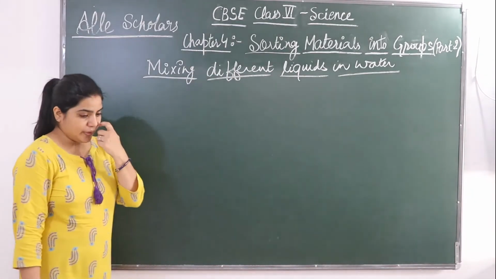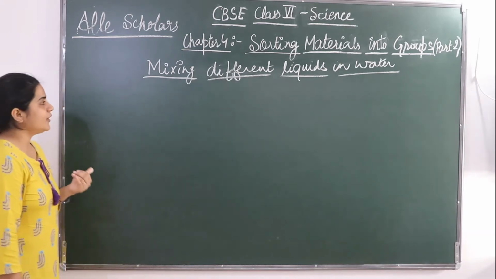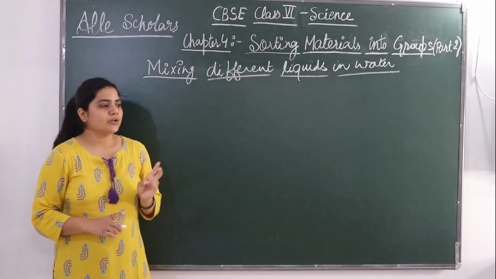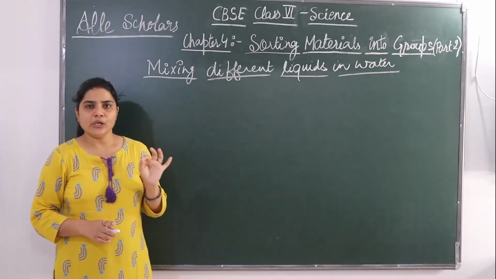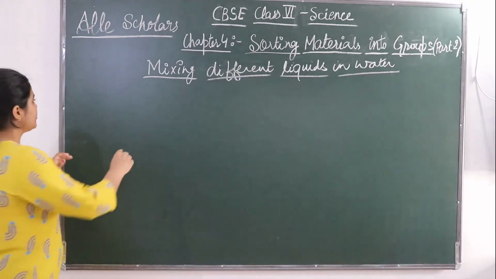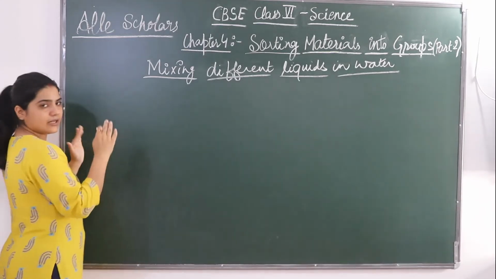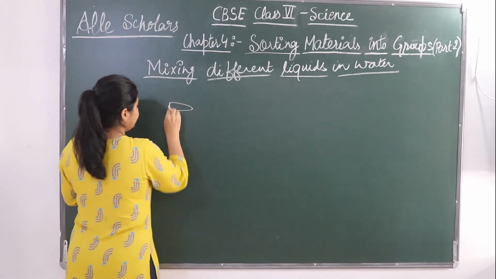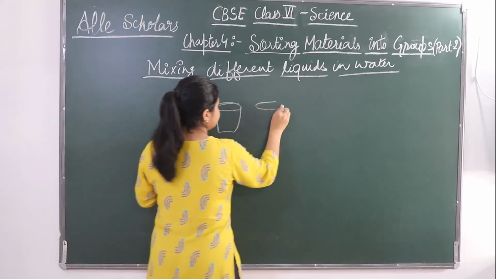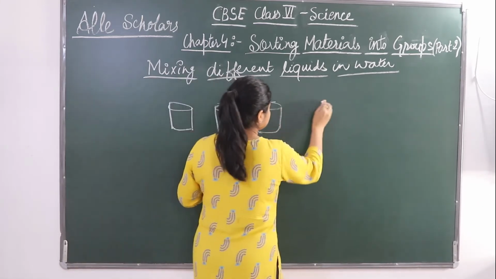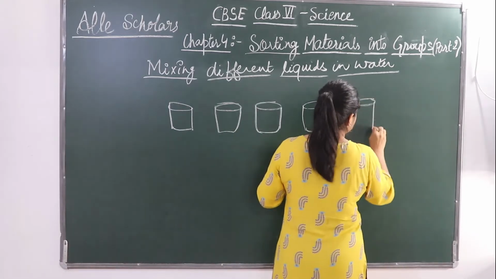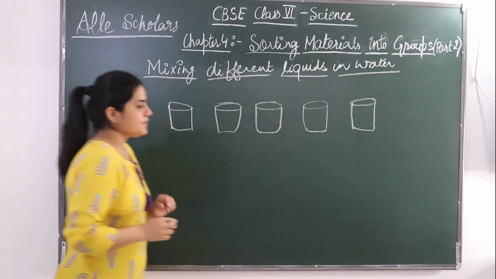Here again we are going to collect some samples for doing our experiment. So we will take samples of vinegar, lemon juice, mustard oil, coconut oil and kerosene. Okay. So we are going to take a glass tumbler again. Okay, 5 glass tumblers we are going to take.